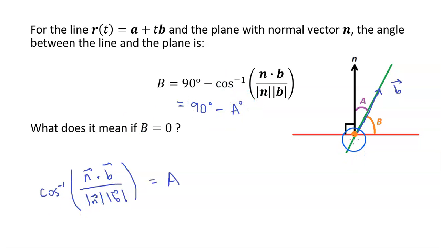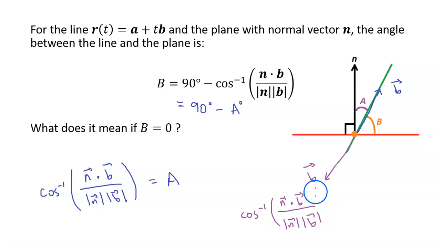On the other hand, let's suppose that we have our direction vector b going this way. Then we would have cosine inverse of n dotted with b divided by the length of n times the length of b equal to this angle here. It would be equal to 90 plus theta.